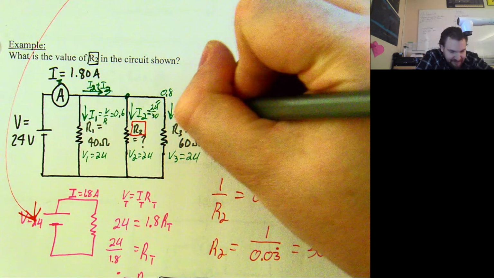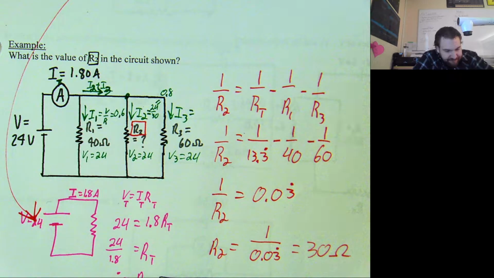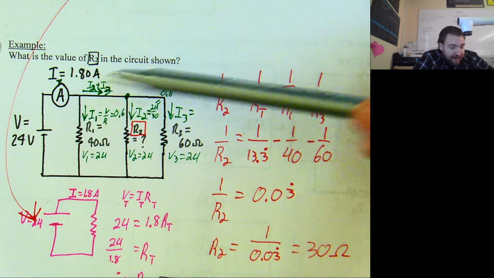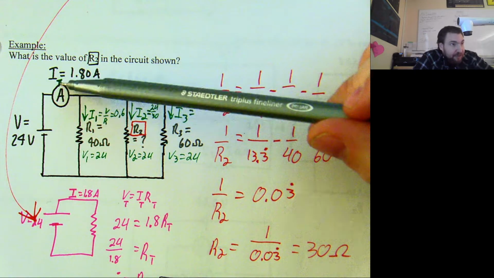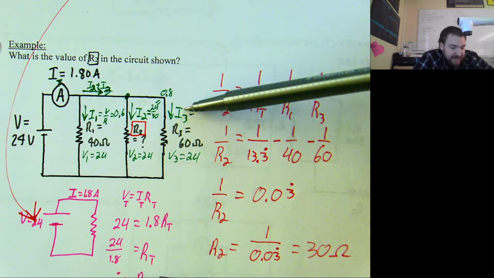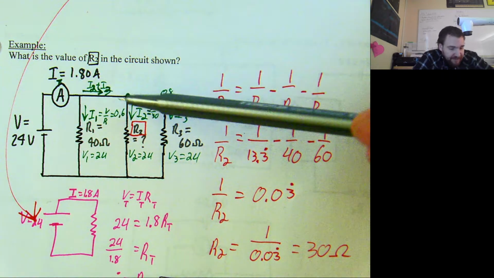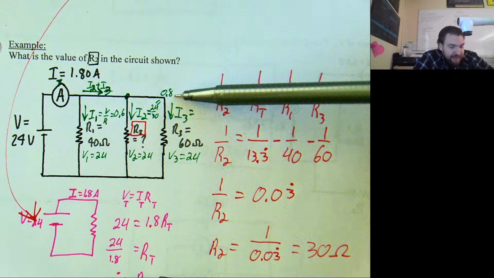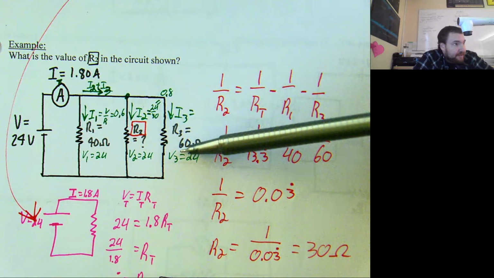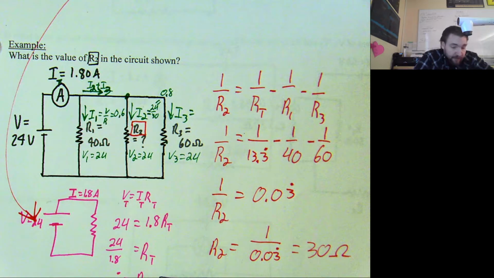So then I3 is going to be? Well, there's two ways we could do I3. Because we know that I1 plus I2 plus I3 is my I total. But we can also use I equals V over R. So if we were going to sum these things up, 0.6 plus 0.8 is 1.4. So how much current is missing? Another 0.4.